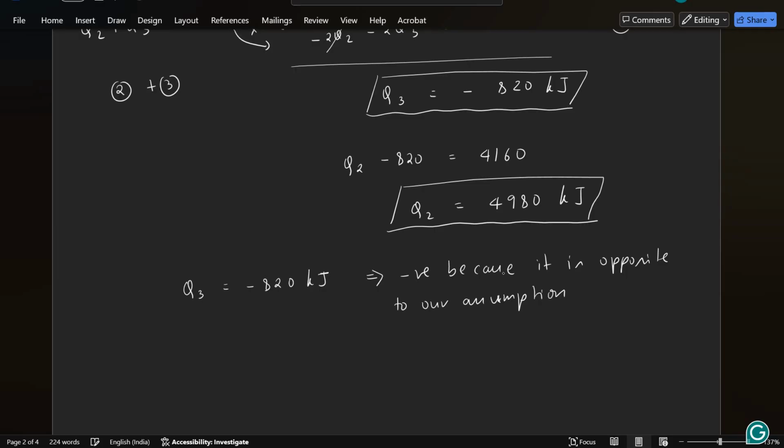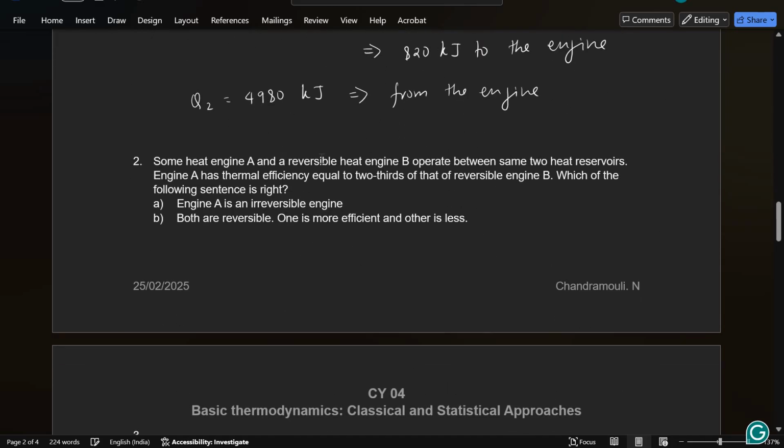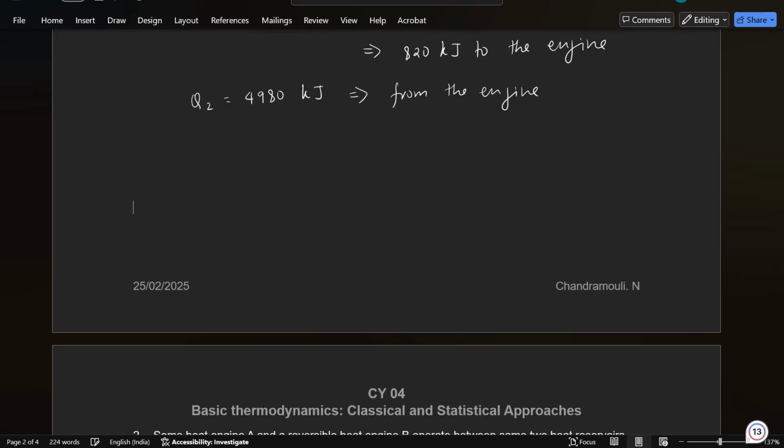So which means 820 kilojoules to the heat engine, and Q2 is 4980 kilojoules, which implies that much from the heat engine. Okay. So we have solved this much. So we can go to the next problem.